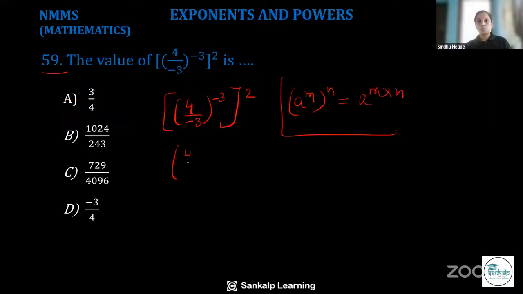Now the expression 4 by minus 3 raised to minus 3 into 2 gives 4 by minus 3 raised to minus 6. 3 into 2 is 6, raised to minus 6. So remove this minus sign.